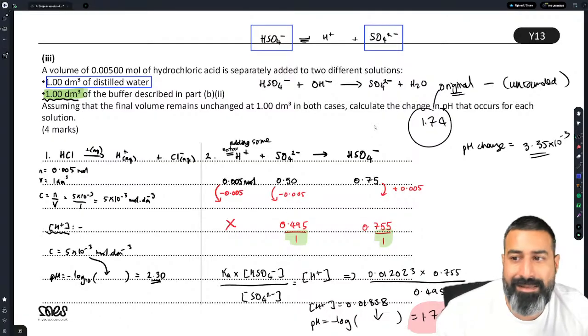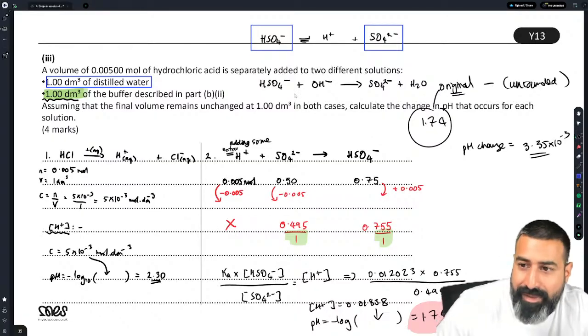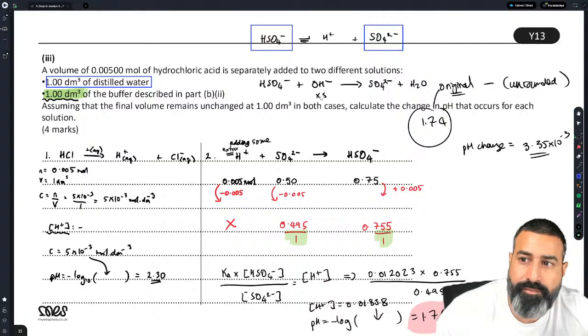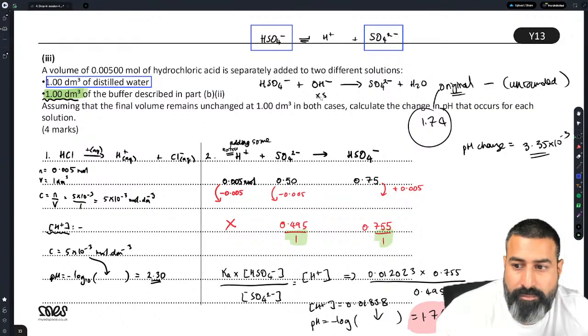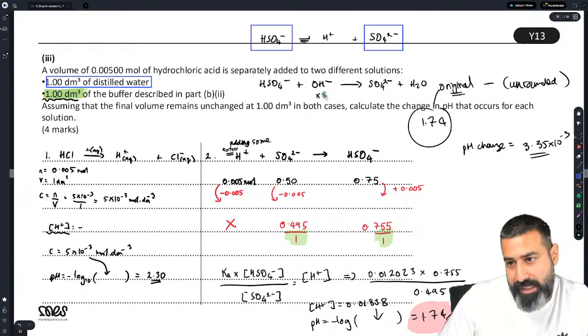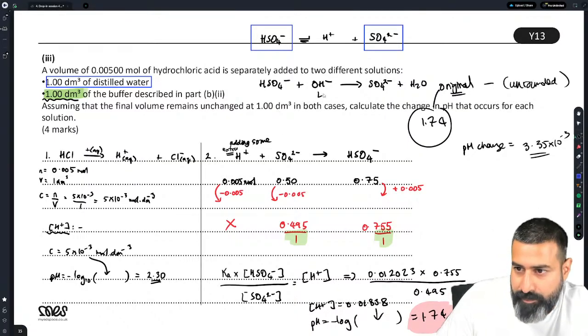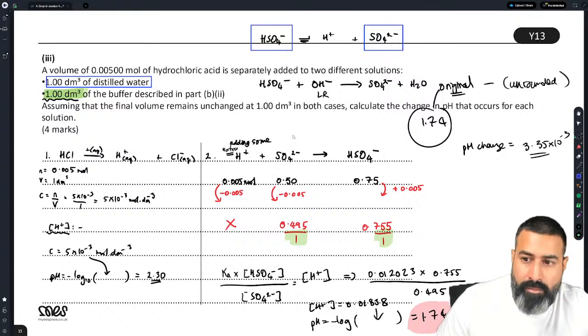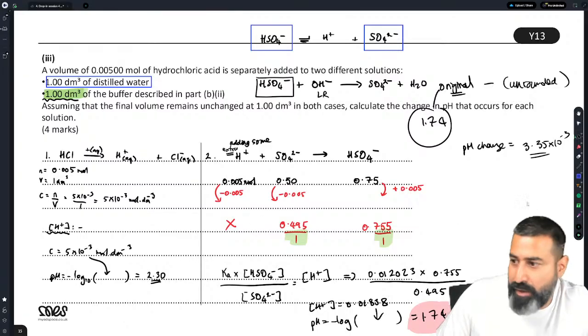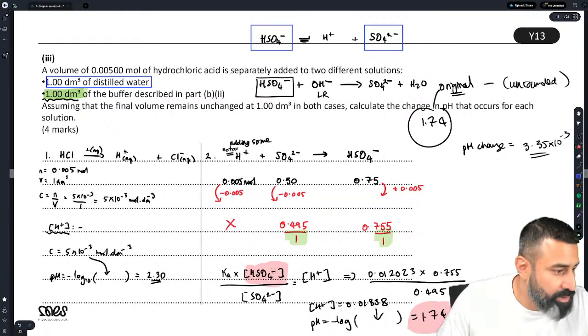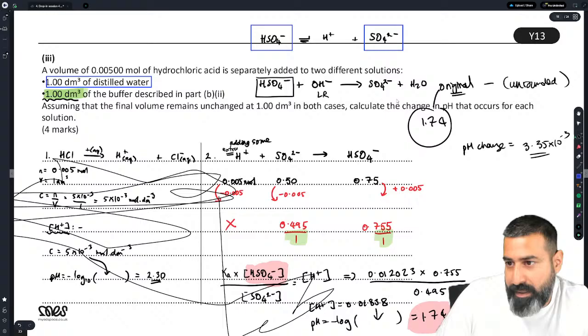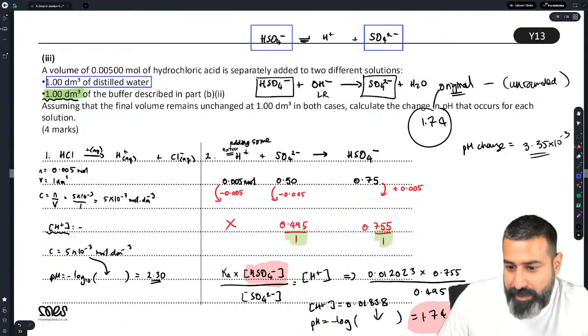Now, if the OH minus is in excess, what do we do? Absolutely, we use Kw. If it's not in excess, if it's limiting, then the concentration of the HSO4 minus that we see in the Ka expression is going to change. The SO4 2 minus concentration is going to change.